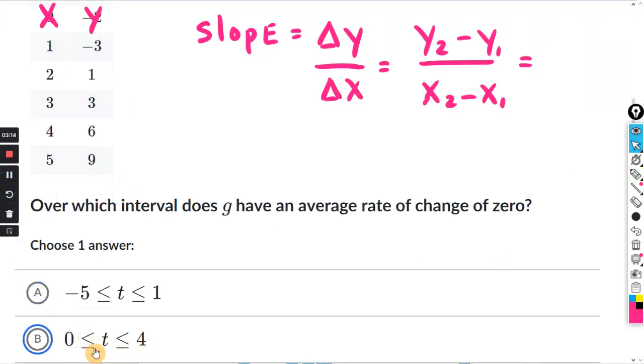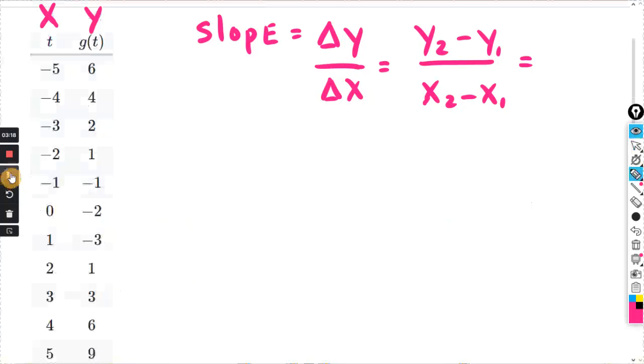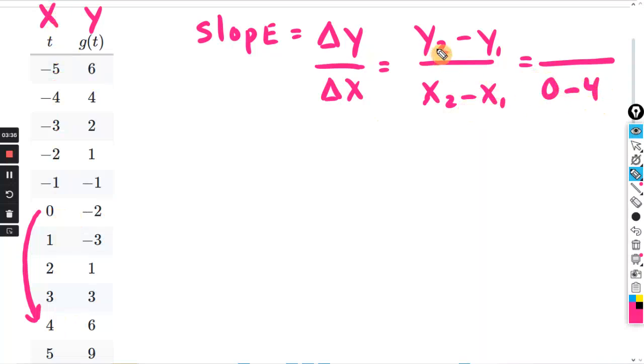Next interval is t from 0 to 4. Here's the t column, and if we go from 0 to 4, on the change in x, because this is the x column, I'm going to do 0 minus 4. That's in the denominator. And the change in y, -2 minus 6.